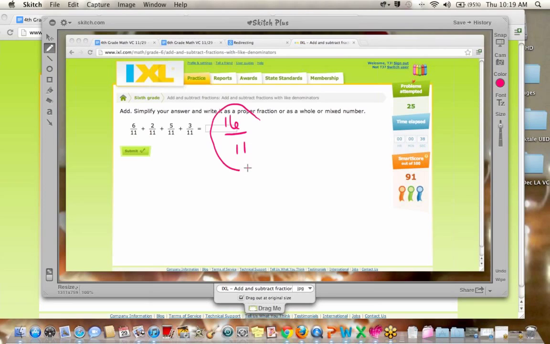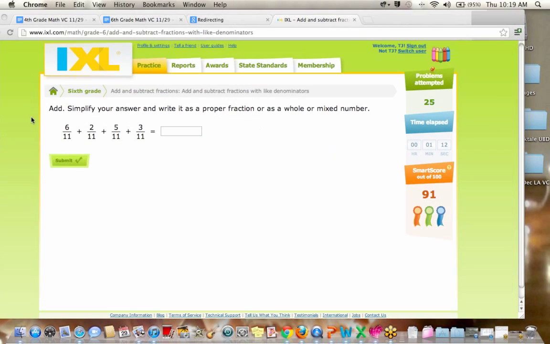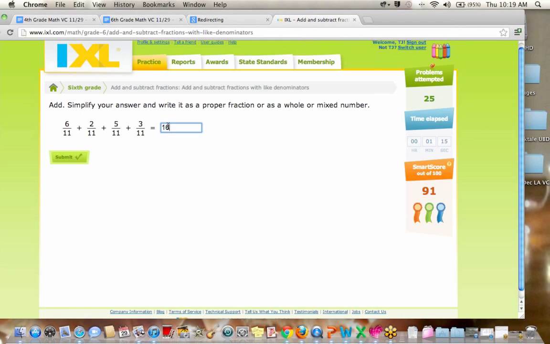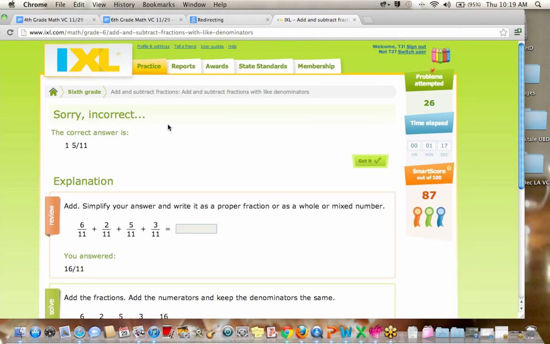It's improper because my numerator is bigger than my denominator, so I can change this to a mixed number, which would be 1, because 11 fits into 16 one time, and then there would be 5 left over, so 1 and 5 elevenths. I'm pretty sure the computer wants me to type in 16 elevenths though, but oh, actually, they wanted me to type in the mixed number, so okay, 1 and 5 elevenths.